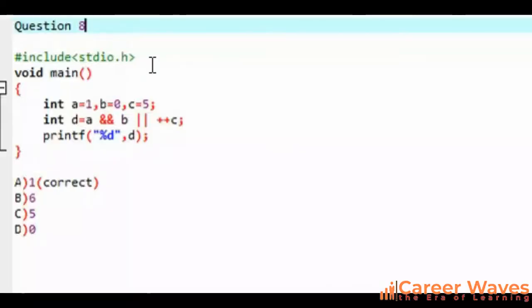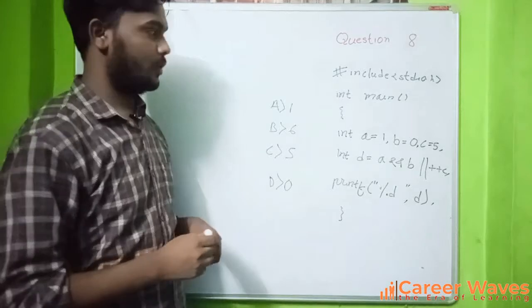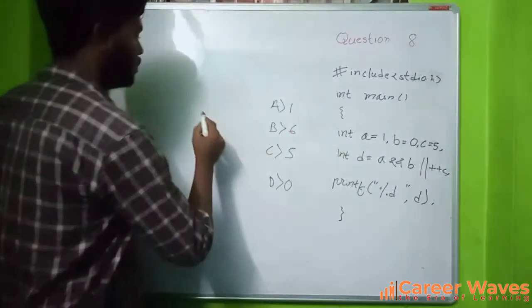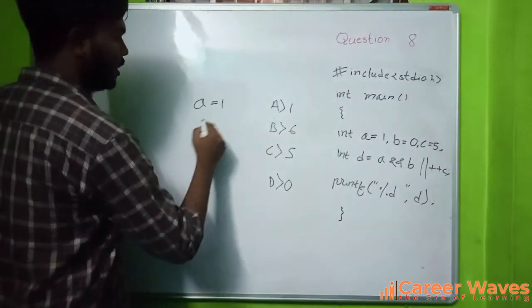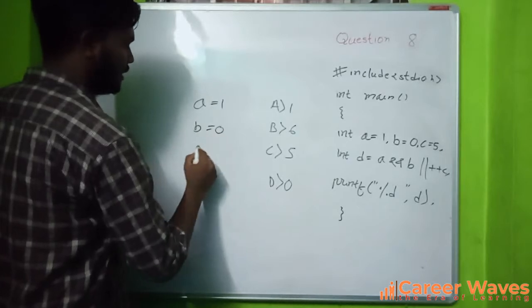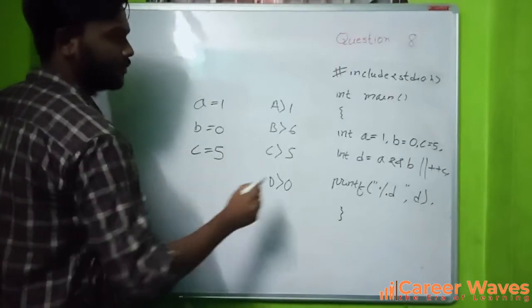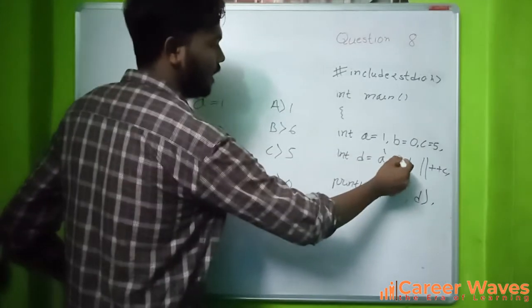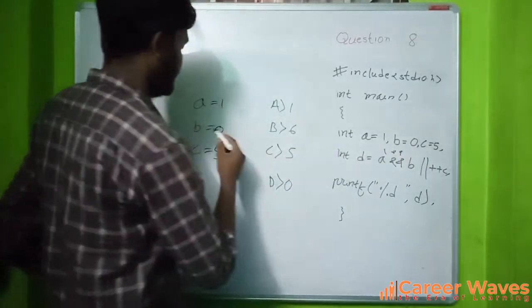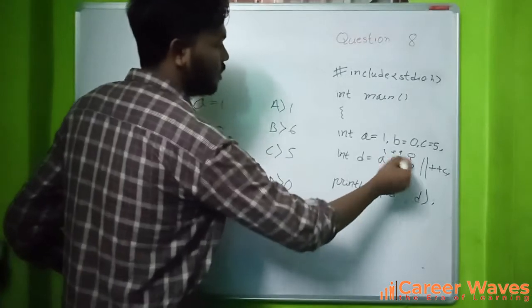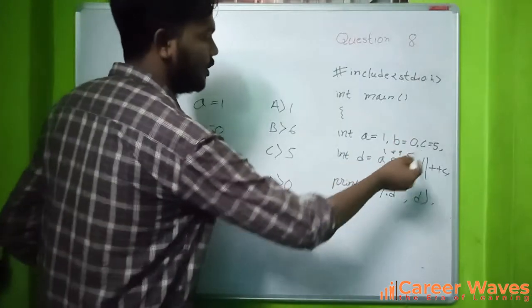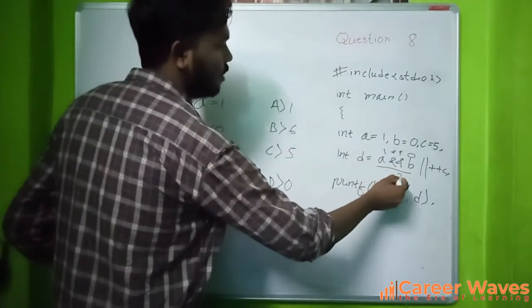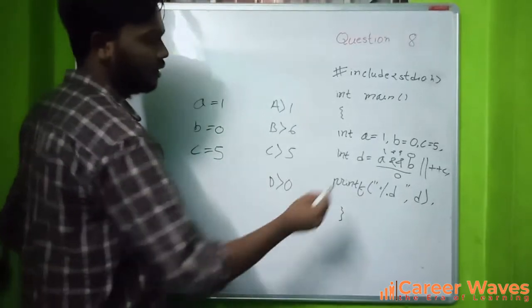Let us see the output for this code. So a is equal to 1, b is equal to 0, and c is equal to 5. The value of a logical AND with b means 1 and 0 becomes 0, so this will be 0.